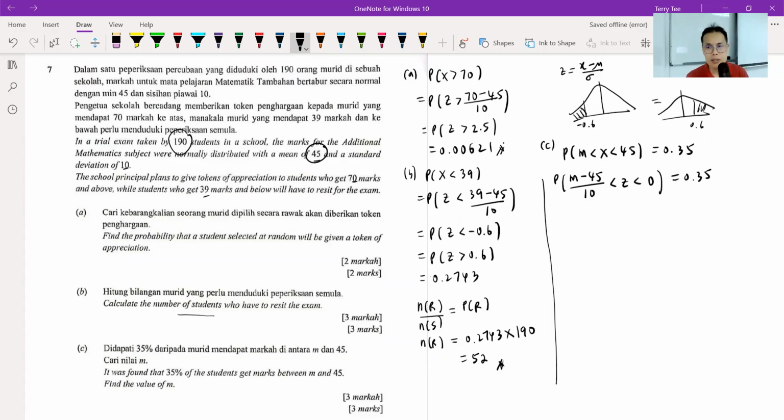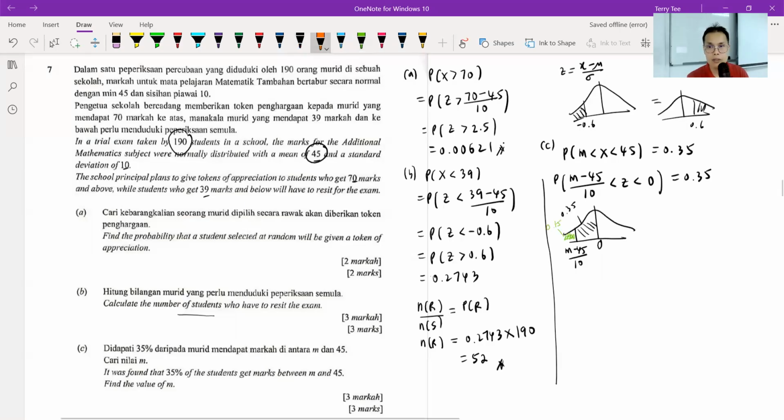So we know this is on the left. Let me do a sketch. If you standardize it, the center line or the mean will be 0. This is your M minus 45 over 10. Now this area in between is 0.35. So the area less than that, or maybe I highlight here, the green one should be 0.15.